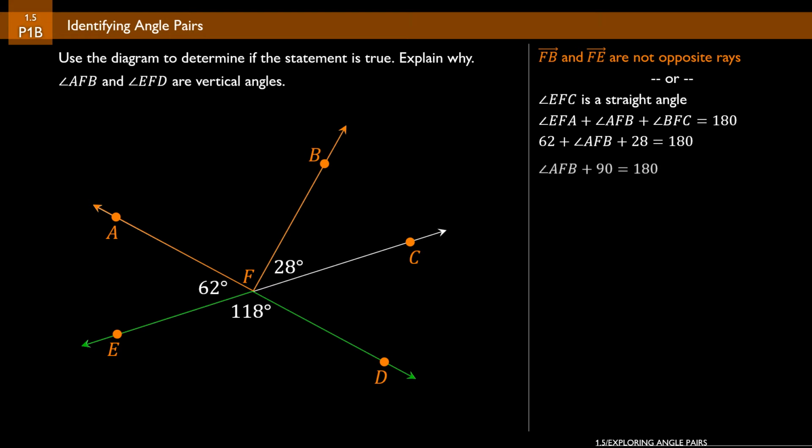That means angle AFB plus 90 is equal to 180, and angle AFB is then equal to 90. Angle EFD is 118. Since angle AFB and angle EFD are not equal to each other, then they're also not congruent to each other, so they are not vertical angles.